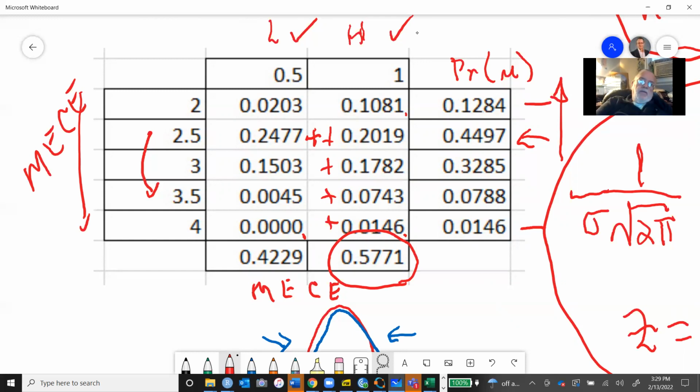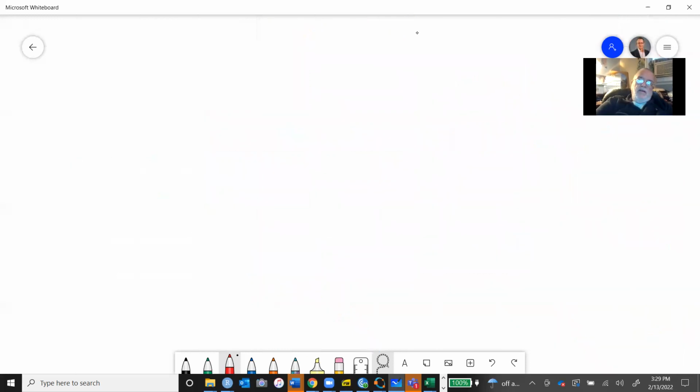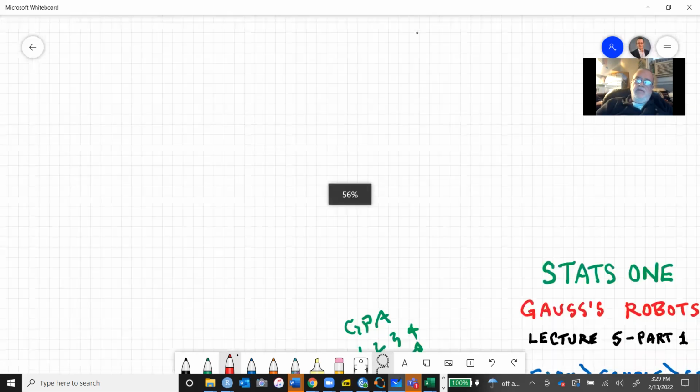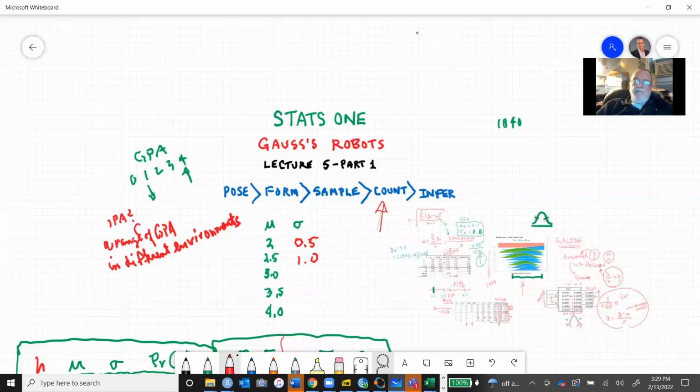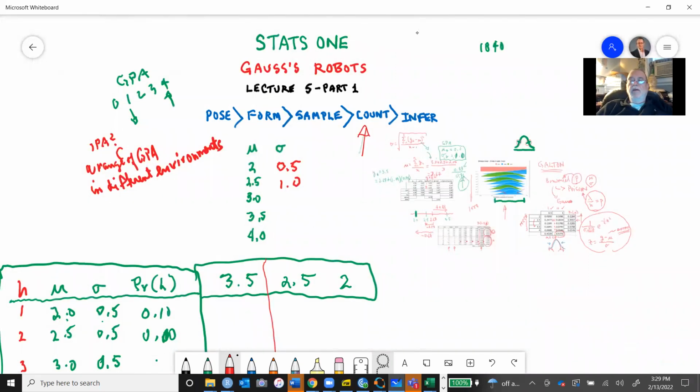Well, we have all of that done, and let's see if I can get this back to where it was before. Look what we've done. We posed a question. We have formulated reasonably sounding hypotheses. We sampled some data and looked at some of the statistical properties of that data.